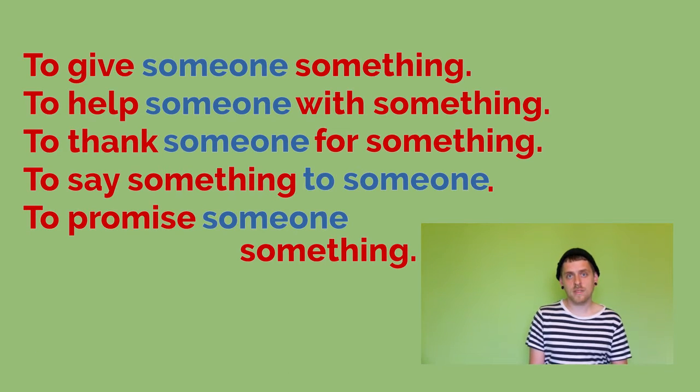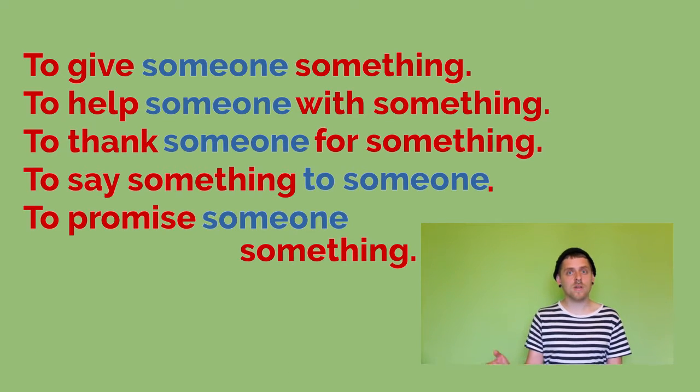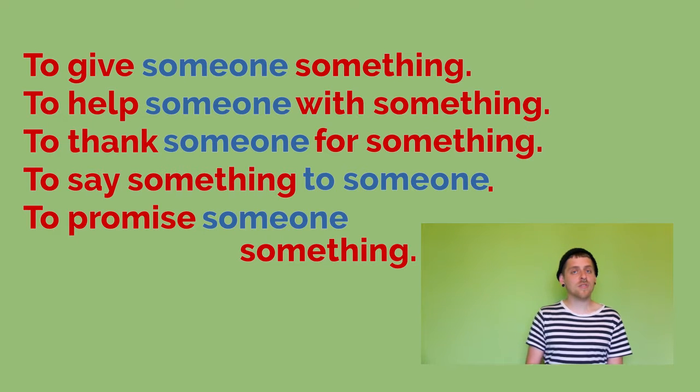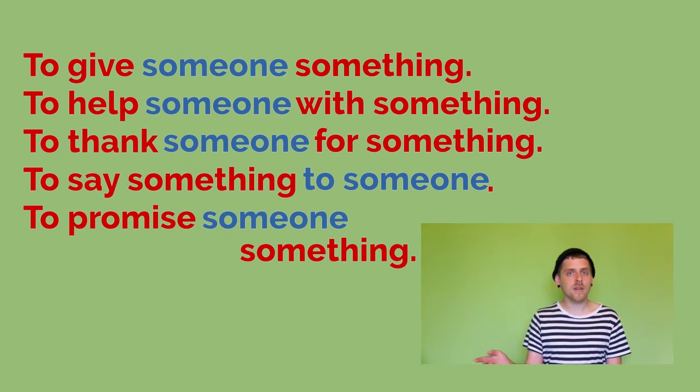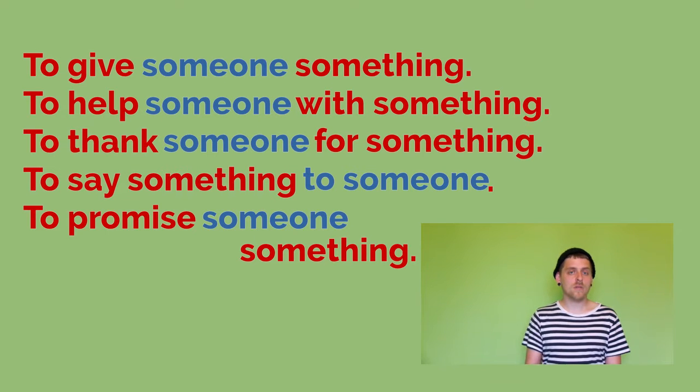Because dative needs a verb that can have a recipient, some words will naturally go with it. Think to give someone something, to help someone with something, to thank someone for something, to say something to someone, or to promise someone something.